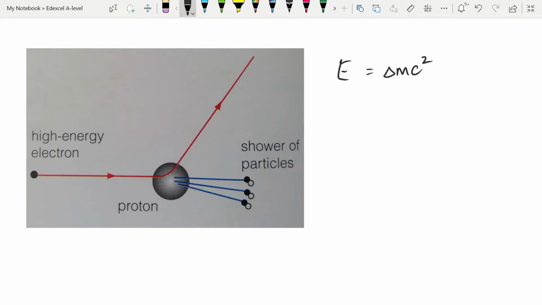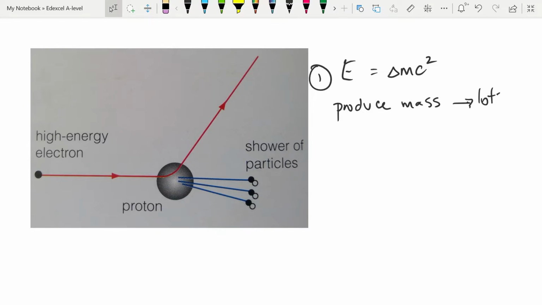If we want to make particles, as in just produce particles out of nowhere, apparently out of nowhere, but actually from energy, it's clear that even to produce the smallest amount of mass, we need an enormous amount of energy because our exchange rate here is 9 times 10 to the 16. So to produce any particles, you have to have an awful lot of kinetic energy of the incoming electron. So that's reason number 1. To produce mass, you need lots of energy. And by lots, we mean lots and lots.